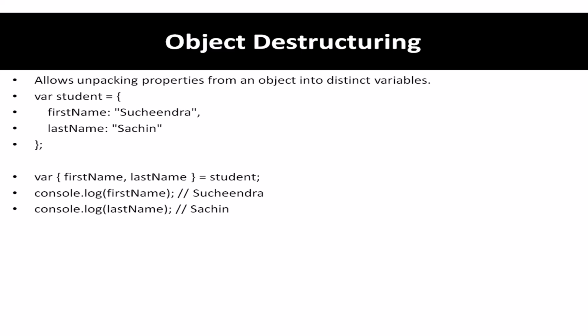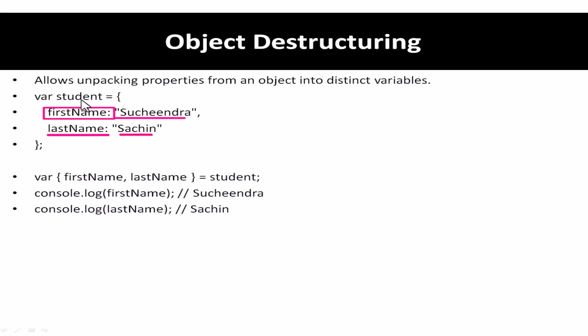Next, object destructuring. Whenever you consider an object, you can specify object first name, last name and so on. Based upon the particular student, you specify the name. The first name is Suchindra and the last name is Sachin.